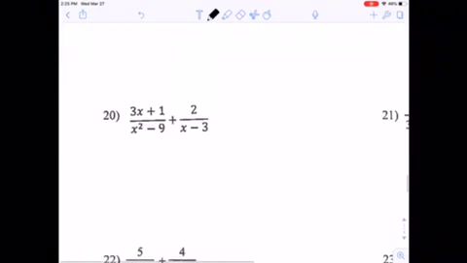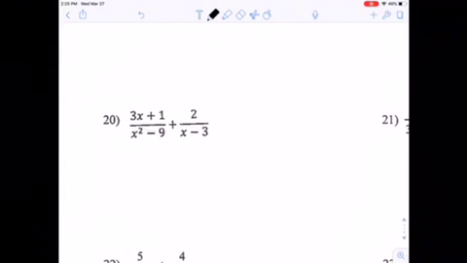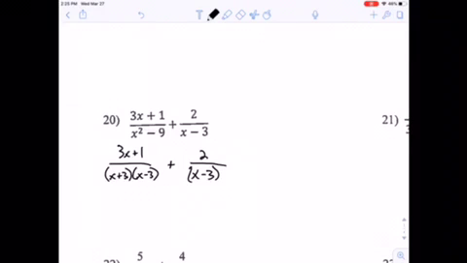All right, 20. Here, first off, you have to factor the x squared minus 9 into x plus 3 times x minus 3. And so what happens here, if you look, they both have an x minus 3, but the fraction on the right does not have an x plus 3, so we have to multiply top and bottom by the x plus 3.